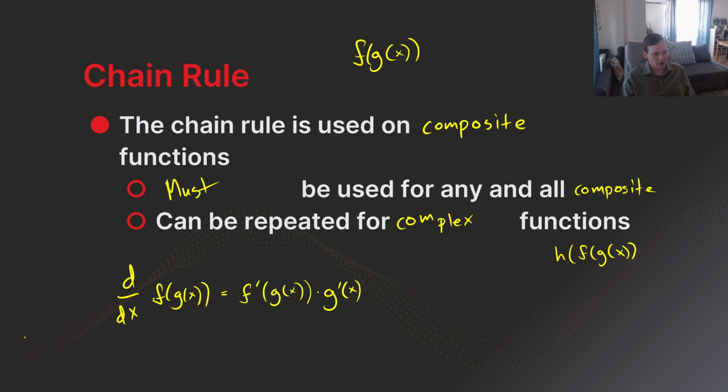So you take the derivative of the outer function, take g of x, plug it in to the outer function, then you multiply by the derivative of the inner function. So that's the chain rule.